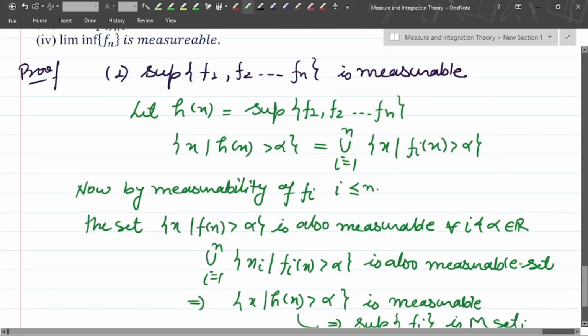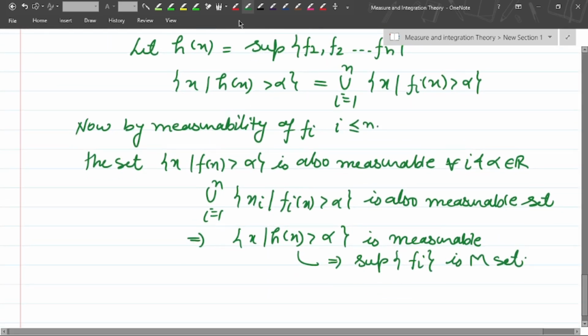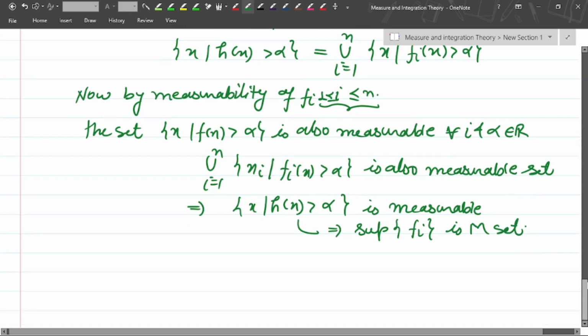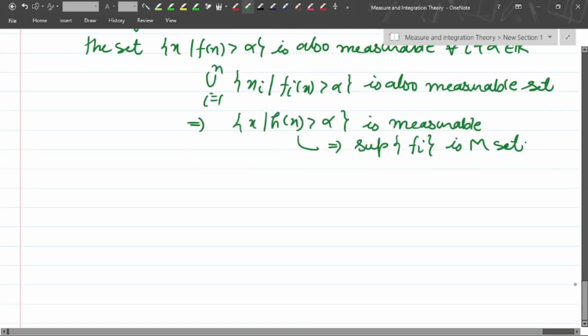We put it as a function and replace it, where i varies from 1 to n.